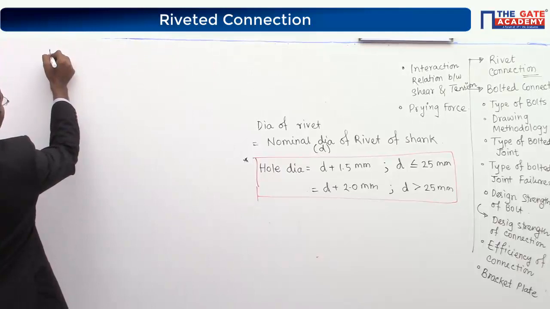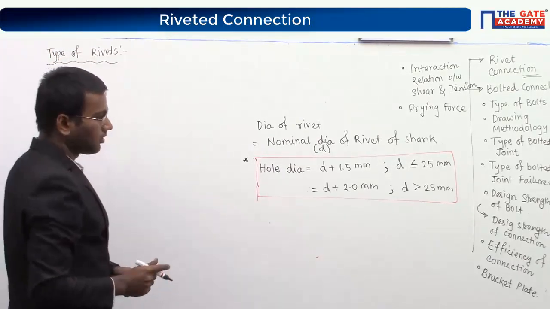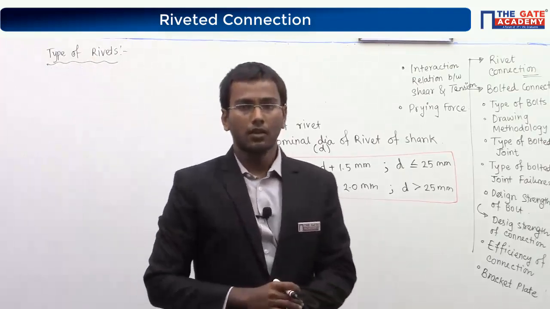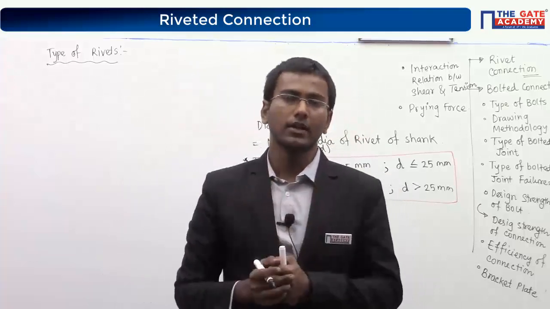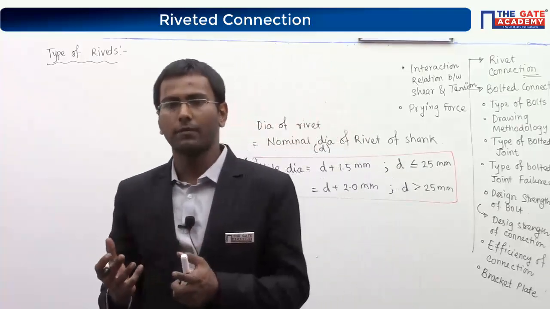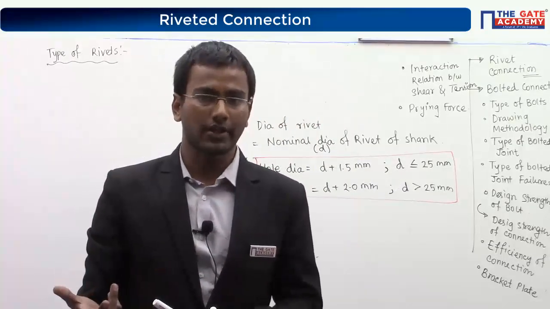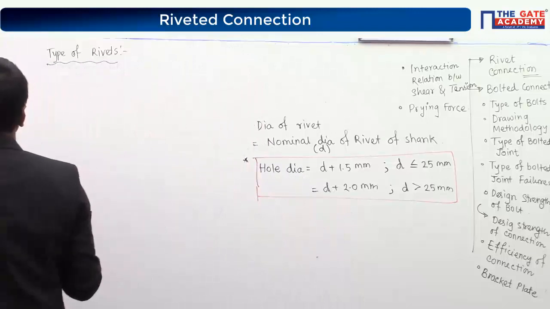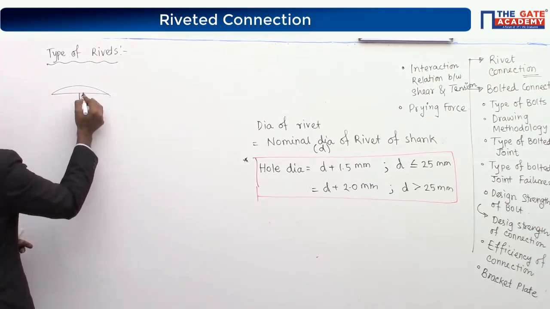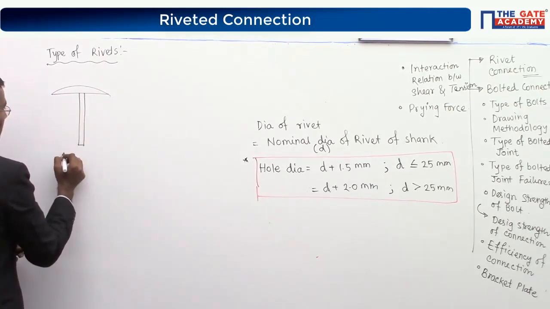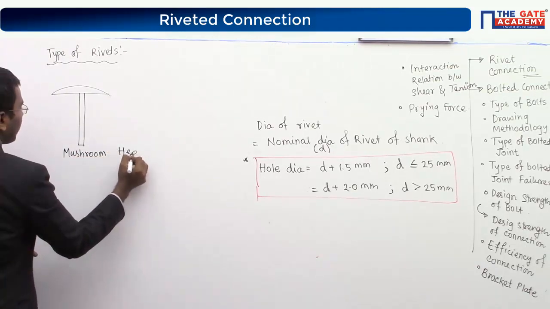Next, quickly, types of rivets. Write down types of rivets. Depending on the shape and size, there are different names of the rivets, like mushroom head, pan head, countersunk head. If I talk about a rivet like this, this is a mushroom head.